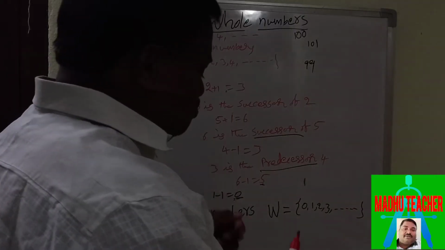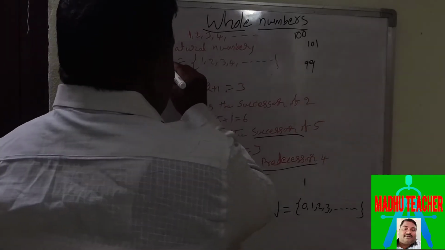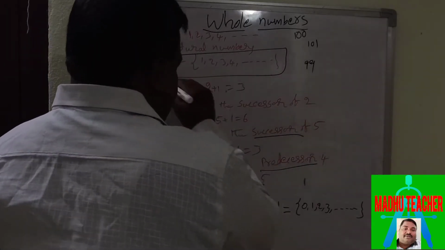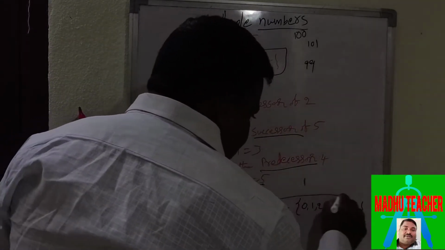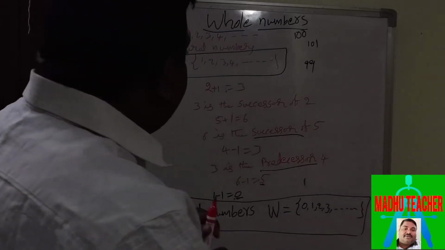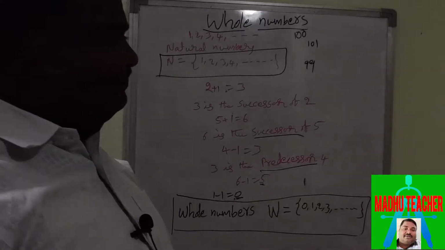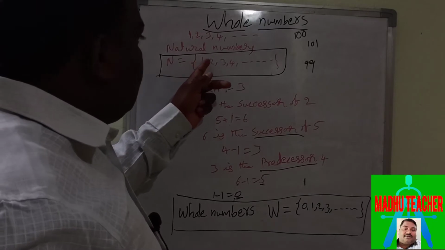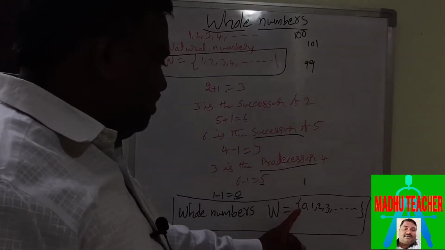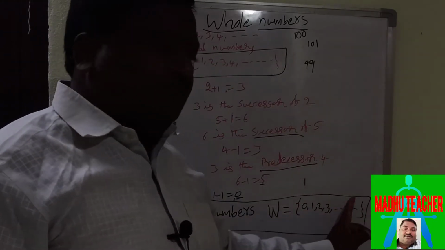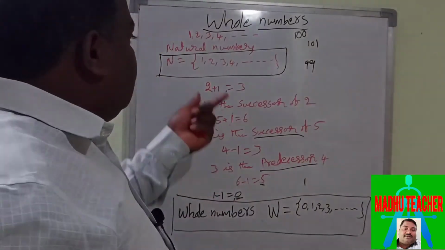By observing these two sets, the natural number set and the whole number set: in natural numbers we have 1, 2, 3, 4 and so on, and in whole numbers we have 0, 1, 2, 3, 4, 5 and so on.